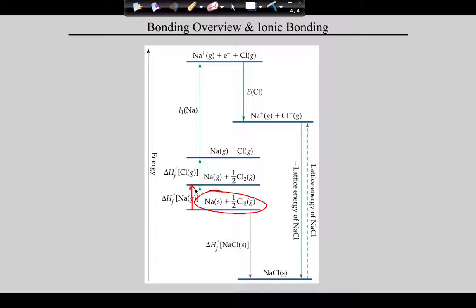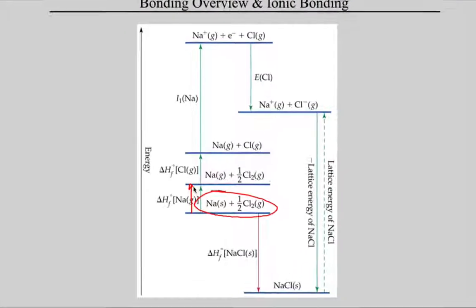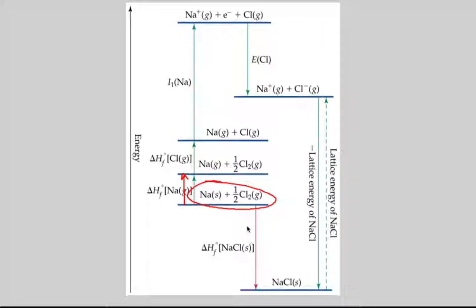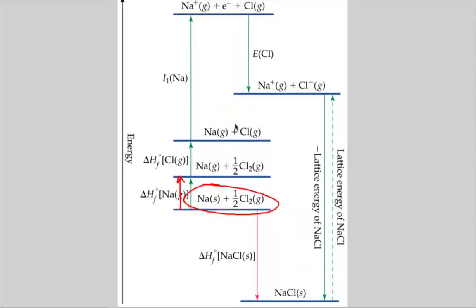And what happened, guys? Here, let me zoom in more so you can read it better. That's the best I can do, right there. Okay, so zooming in here, what happened in step number 1? Focus on the sodium. The sodium melted and vaporized.